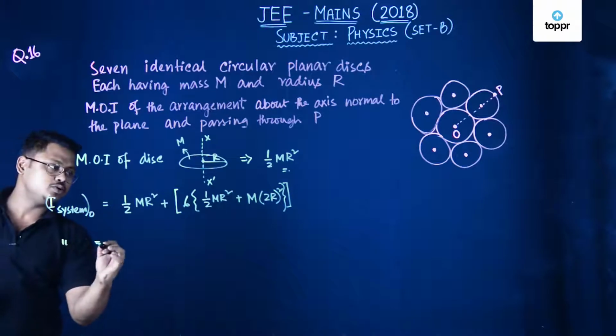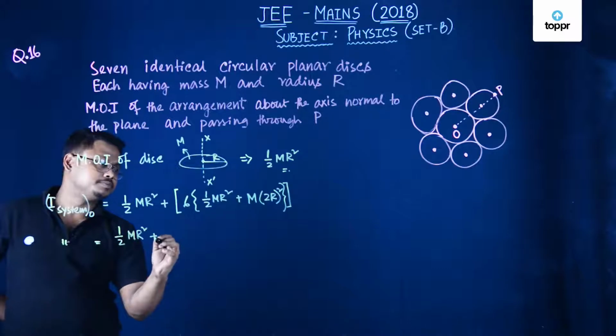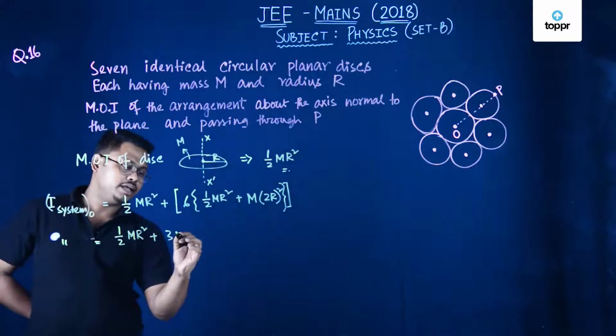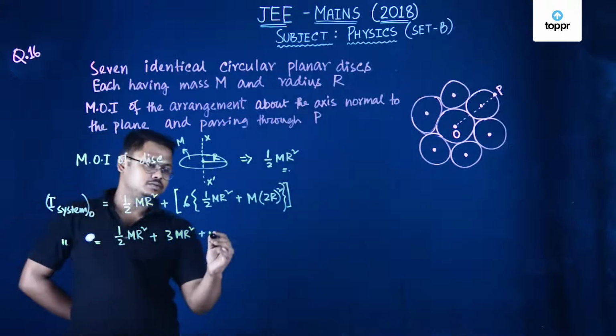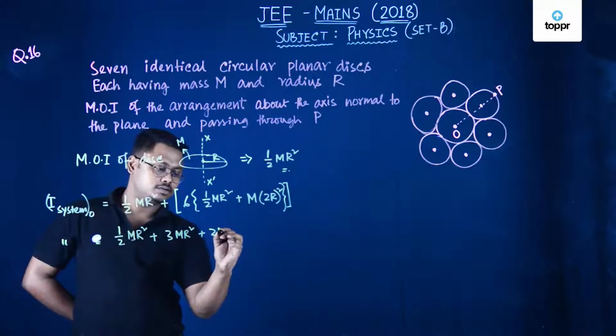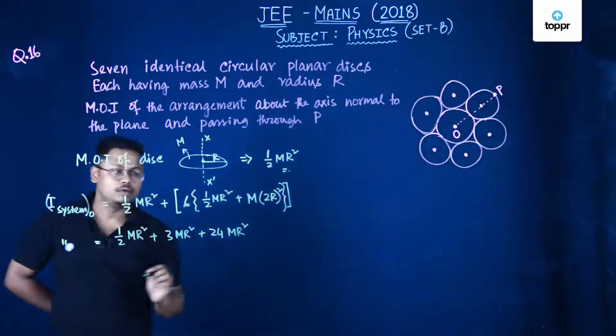So this is equal to half M R square plus 3 M R square plus 4 into 6, 24 M R square, right?